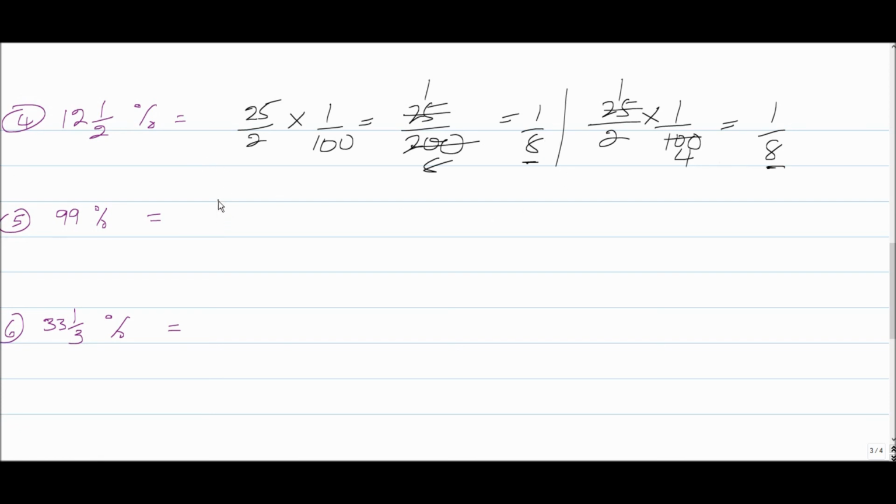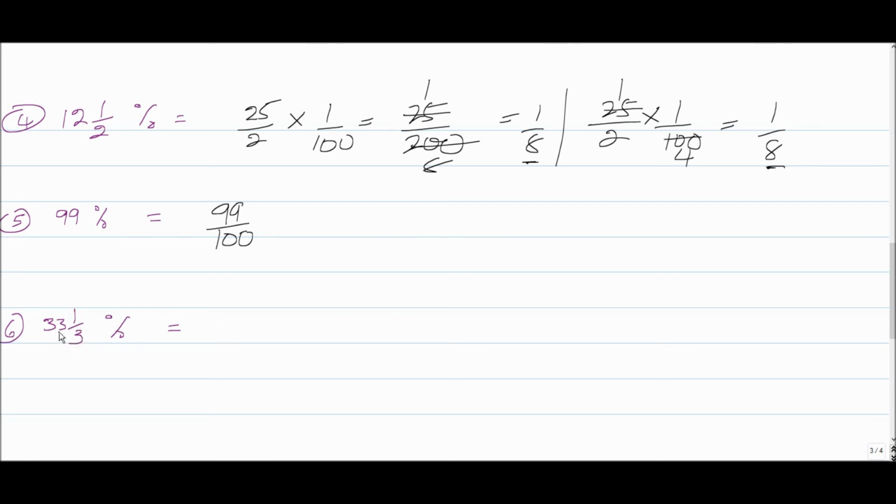Number 5, we have 99%, so we have what? 99 over 100, and we cannot find anything that is common to them to reduce this any further. So we move on to number 6. 33 and a third.